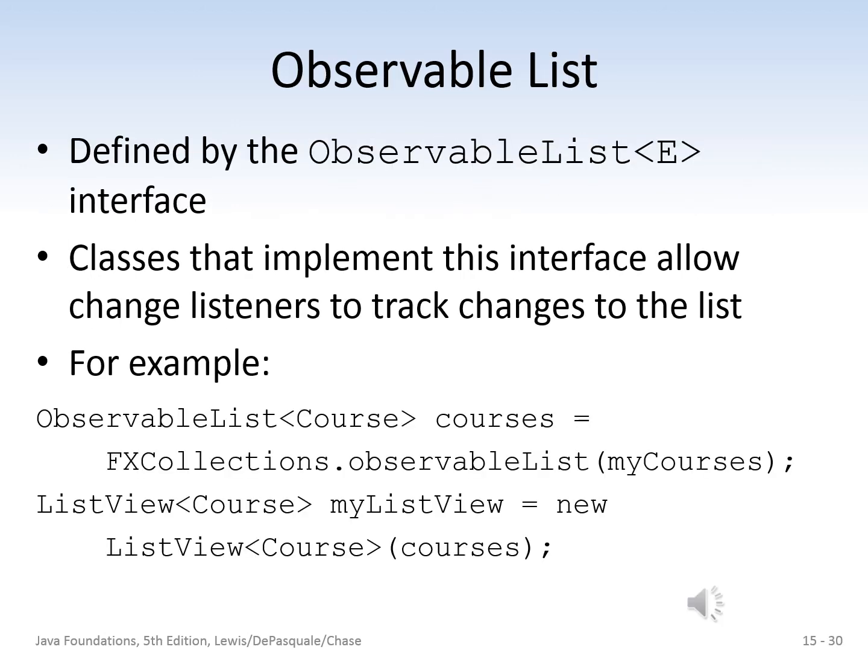First up is the observable list interface, and classes that implement this interface are given access to change listeners to track changes to the list in the GUI. So in other words, they will listen for an event if an element in the list is changed in any way.